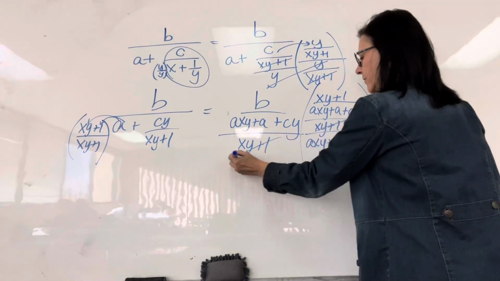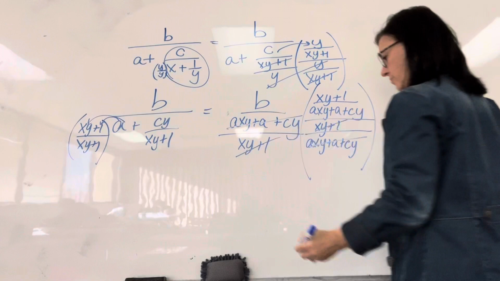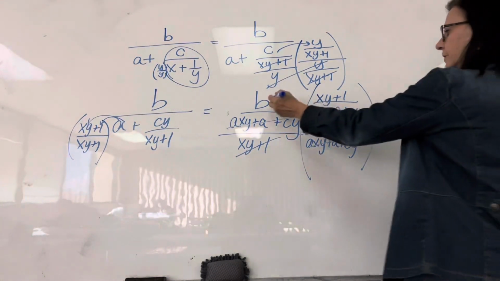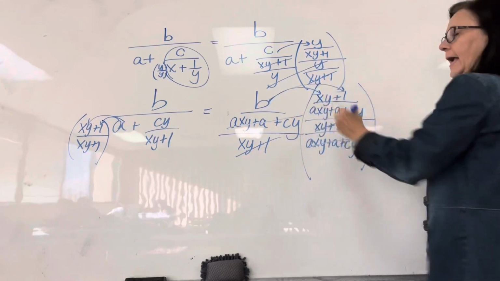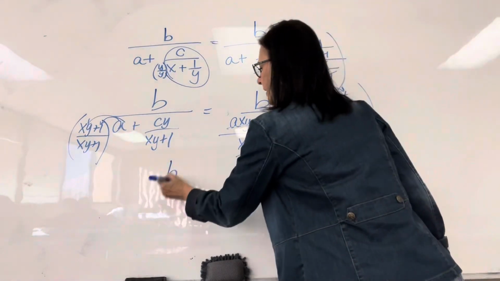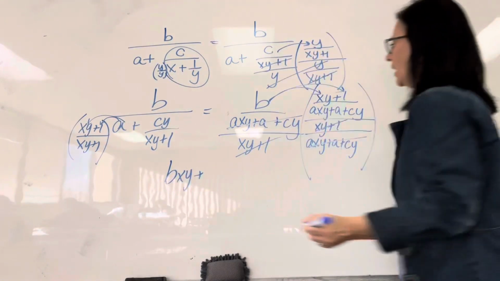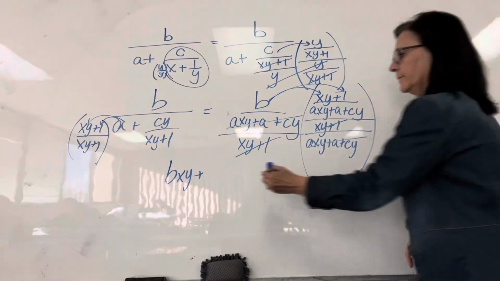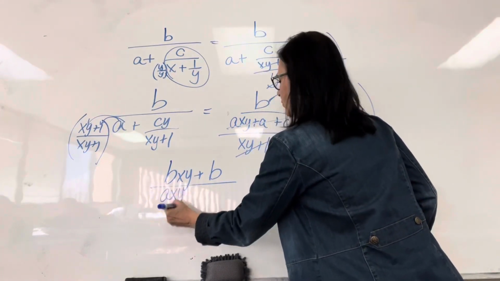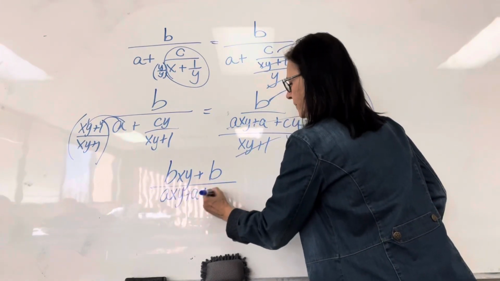This denominator eliminates because these terms are multiplied and it's the exact same term. I'm going to distribute the b to the xy and the 1. So we end up with bxy plus b times 1, b all over axy plus a plus cy.